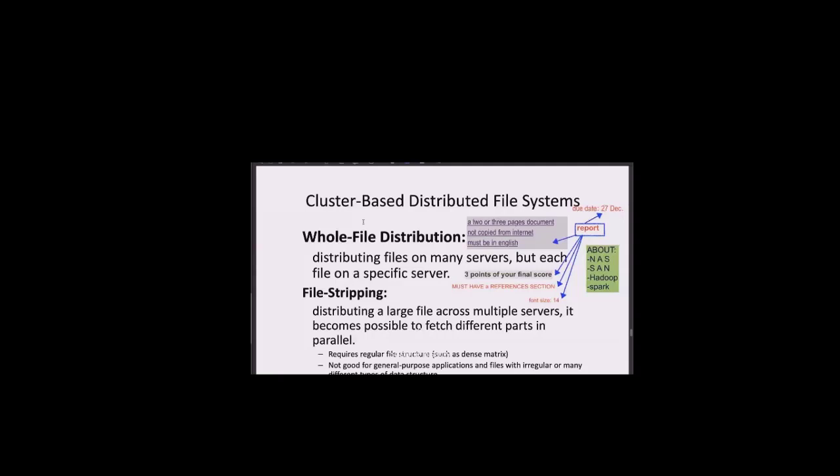So, in whole file distribution, we have, for example, 4 or 5 servers. You can see it here. Look, here we have whole file distribution. We have 3 servers, 1, 2, 3.